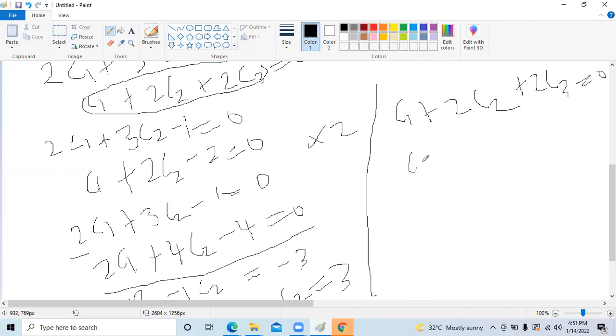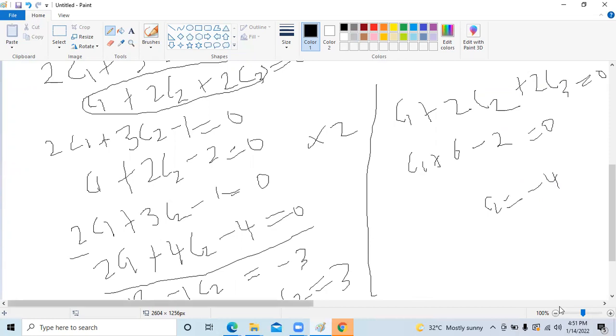So C2 is 3, so 2 times 3 is 6. C1 plus 6. C3 is minus 1. So this is supposed to be minus 2 equals to 0. So C1 at the end of the day equals to minus 4.